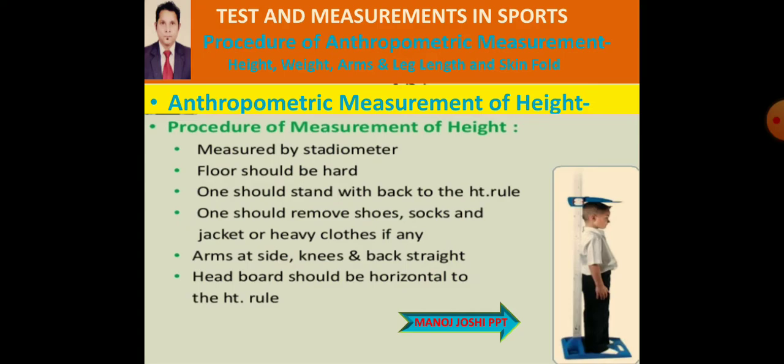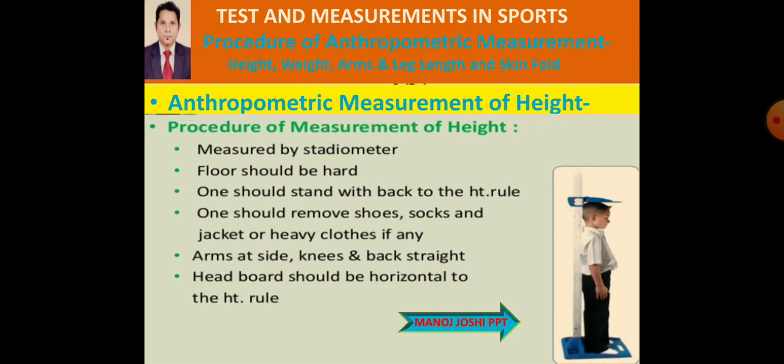Arms at side, knees and back straight. The headboard should be horizontal to the height rule. With the height ruler, the head adjuster, that is the caliper, should be kept horizontal.